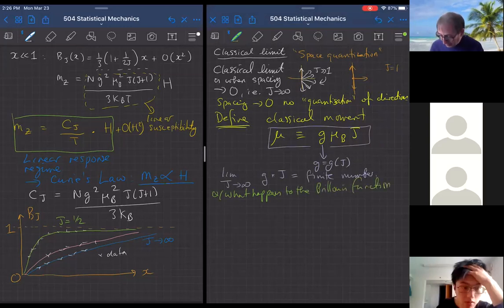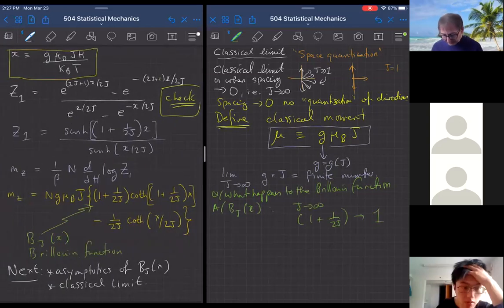I have to look at Bj of x, and as I take the classical limit, j goes to infinity, which means that terms like 1 plus 1 over 2j just go to unity. So this complicated form that we've had over here, this term and this term, and then this term and this term, you have to take those j go to infinity limits.